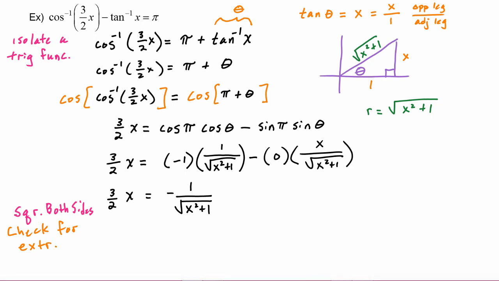Now the left-hand side, once we square it, is going to become 9 over 4 x squared. The right-hand side, when we square a negative, it becomes a positive. The numerator will be 1, and the denominator is going to be x squared plus 1.